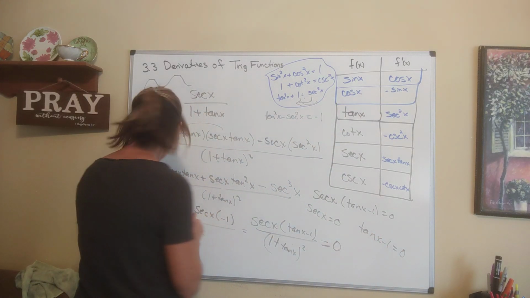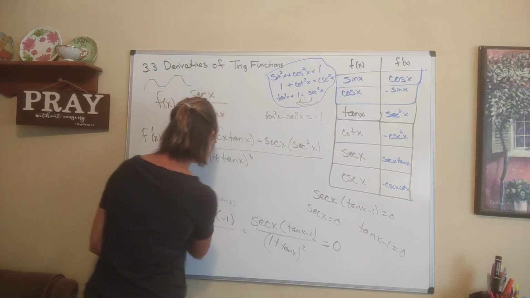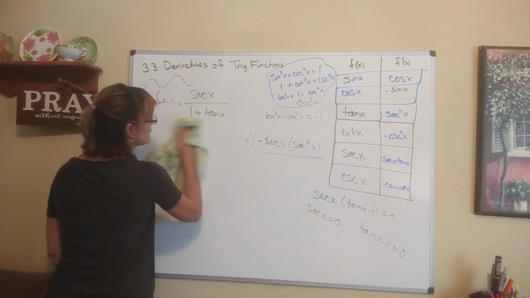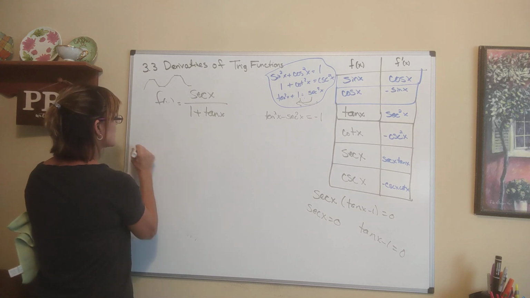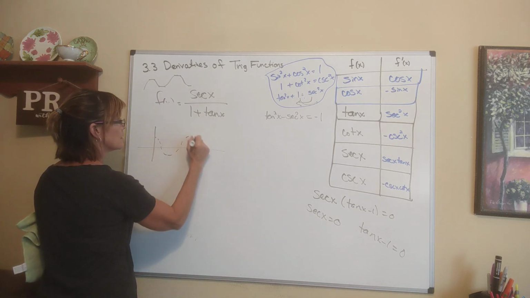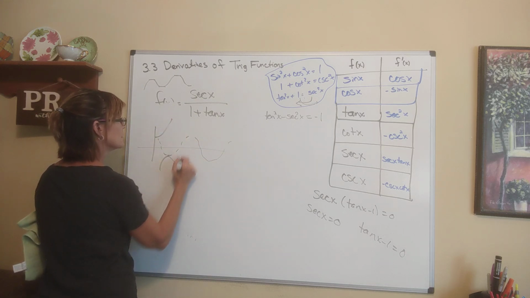All right. Well, let's think about the secant graph. You can verify this with your calculator by plugging in values. But if you think about the secant graph, it is built off of the cosine graph. This is the cosine. The secant graph looks like this.